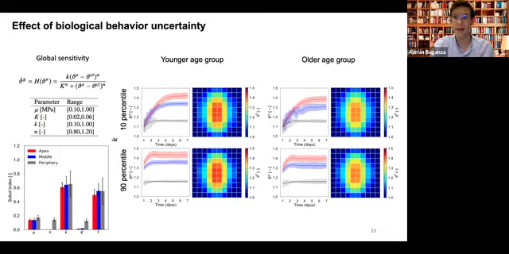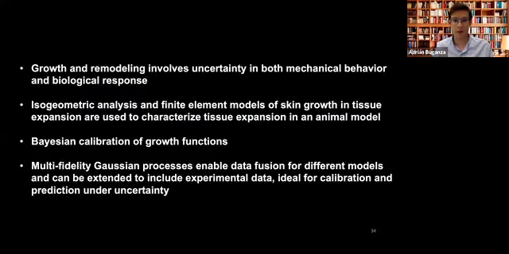And then I'm gonna conclude, this is pretty much my last slide, that growth and remodeling involves uncertainty, not only in the mechanical behavior, but also in the biological response of the tissue. And this needs to be incorporated in order to make predictions.